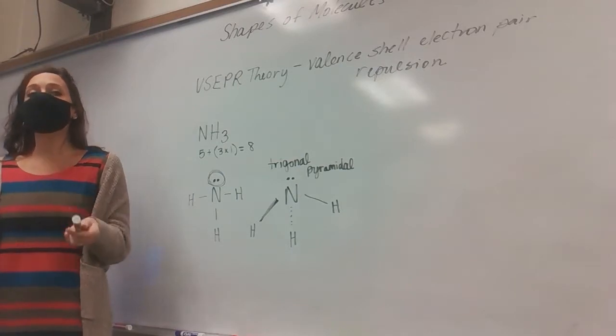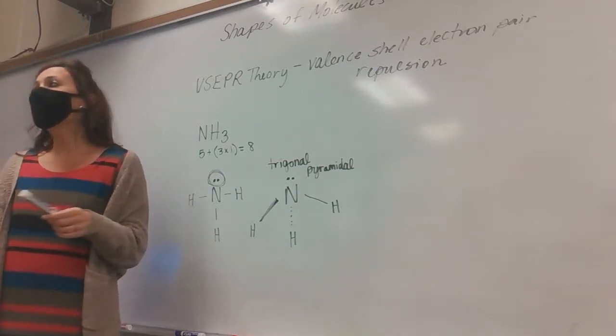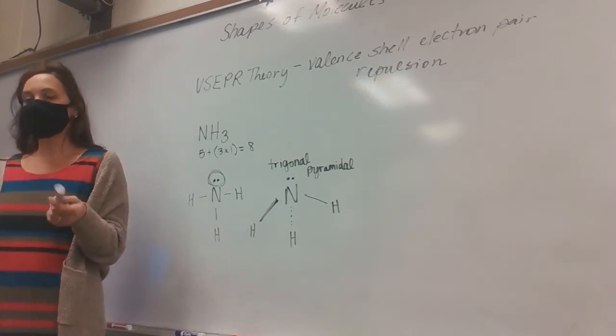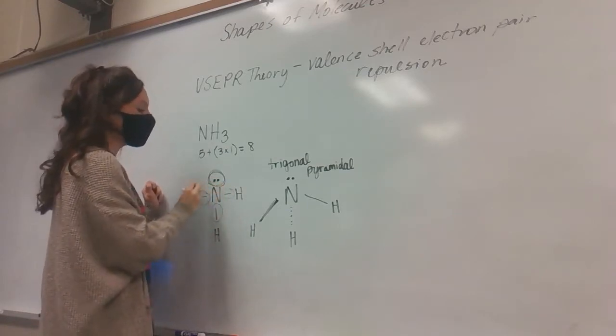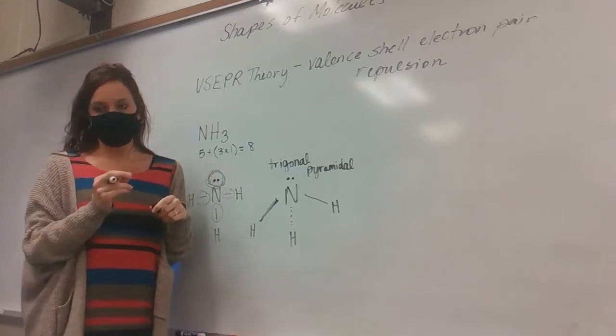And the way that you decide the shape is by counting bonding areas and lone pair areas. In this case, we have 1, 2, 3 bond areas and 1 lone pair area.